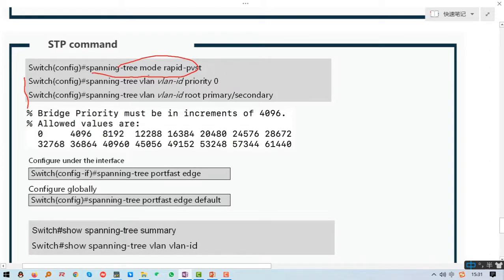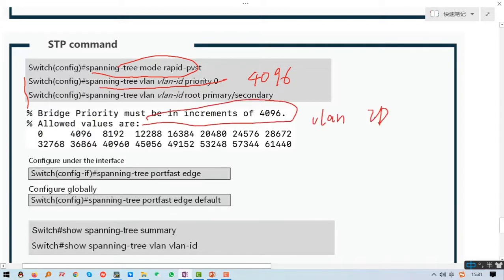If you use this command, spanning-tree vlan VLAN ID priority, when modifying the priority of the switch, it must be a multiple of 4096, which is related to the VLAN ID.